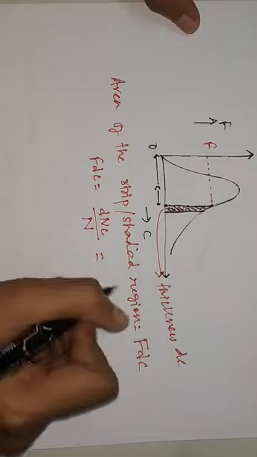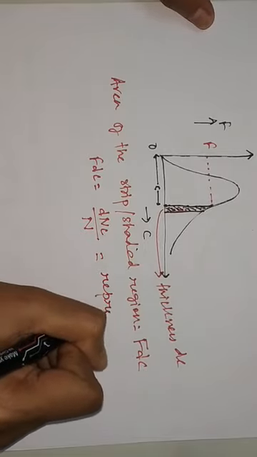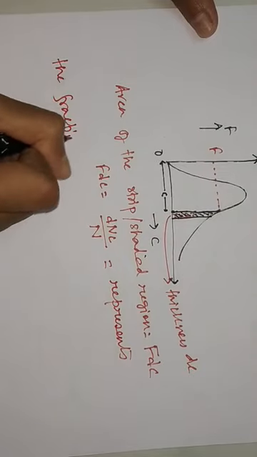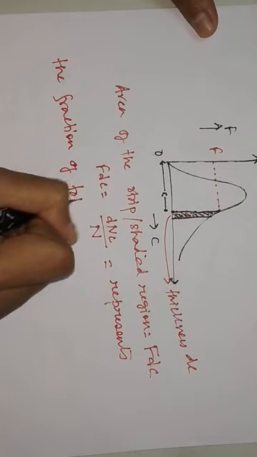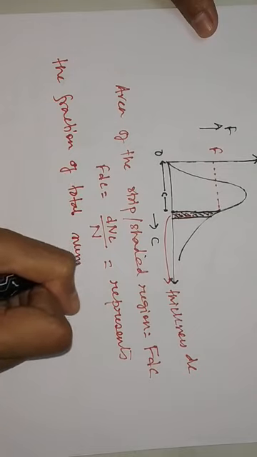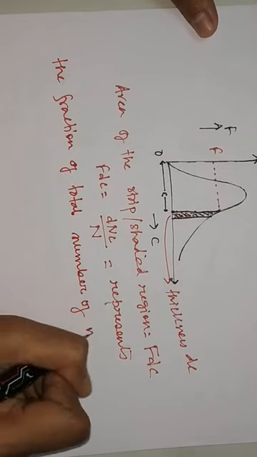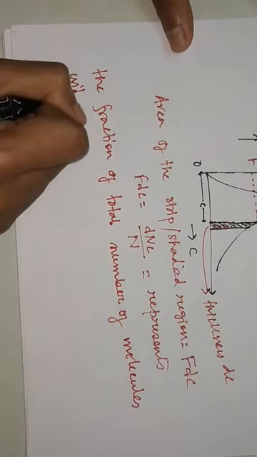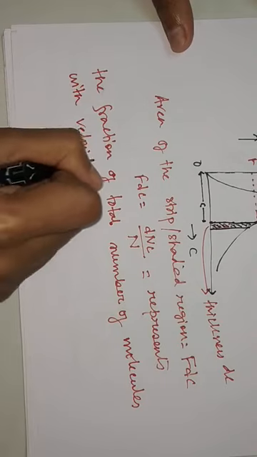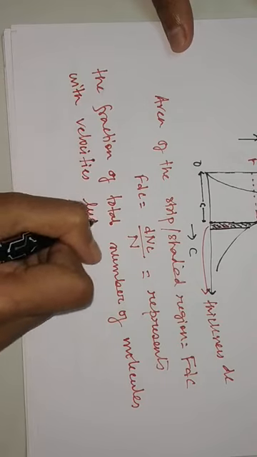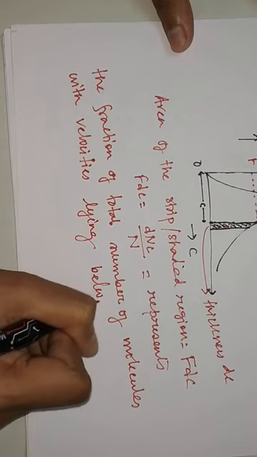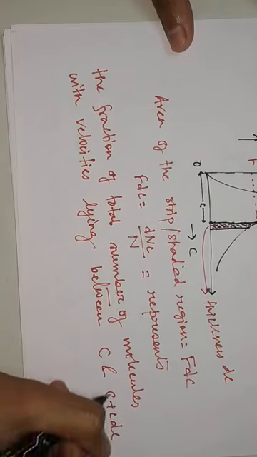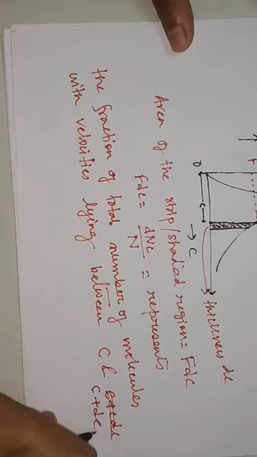So f dc represents the fraction of the total number of molecules with velocities lying between c and c plus dc.